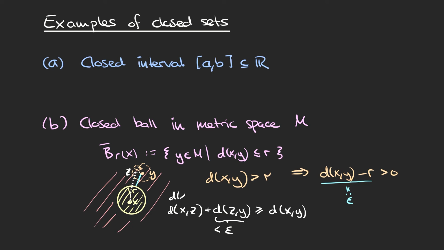So that's d(X,Z) plus epsilon is strictly greater than d(X,Y).